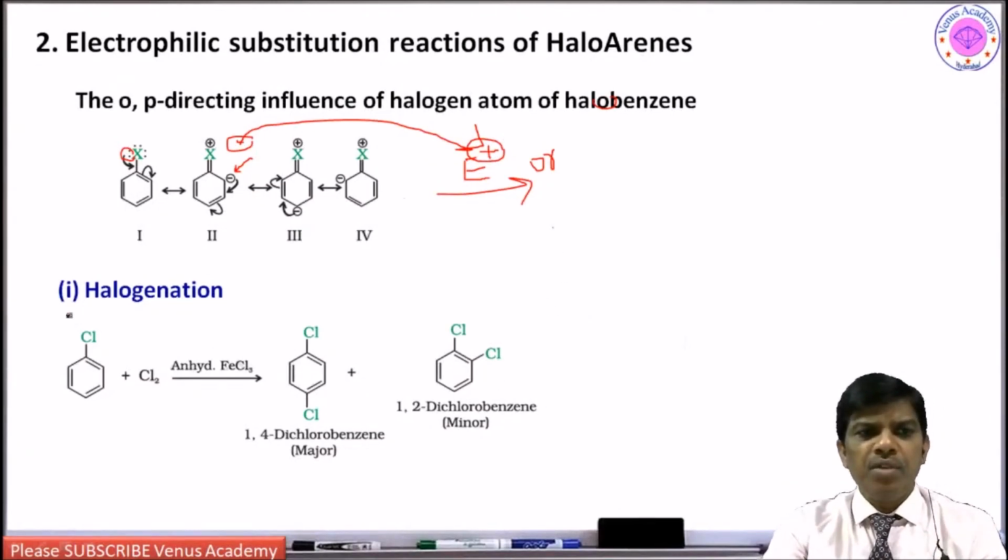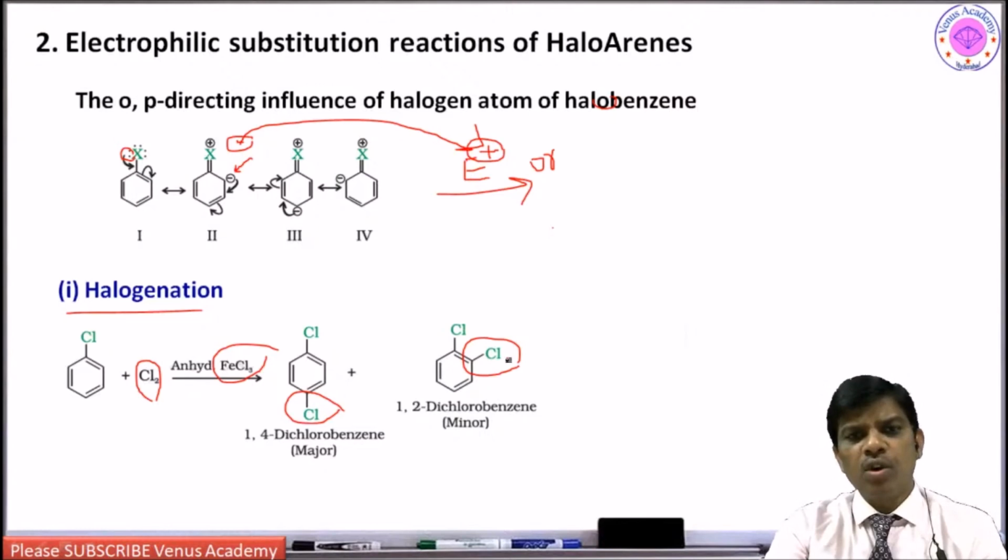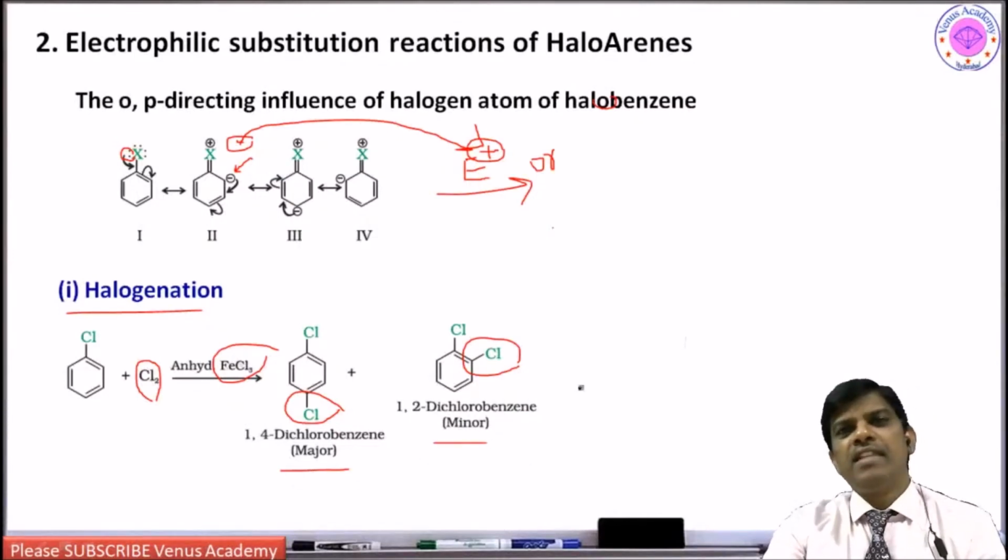So when you do the halogenation with chlorine and anhydrous ferric chloride, it undergoes aromatic halogenation. It is going to give a mixture of two products: ortho-dichlorobenzene and para-dichlorobenzene, that is 1,4-dichlorobenzene and 1,2-dichlorobenzene. Here para is major and ortho is minor. Why?